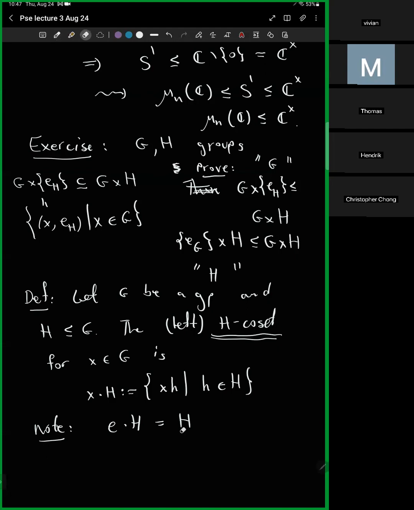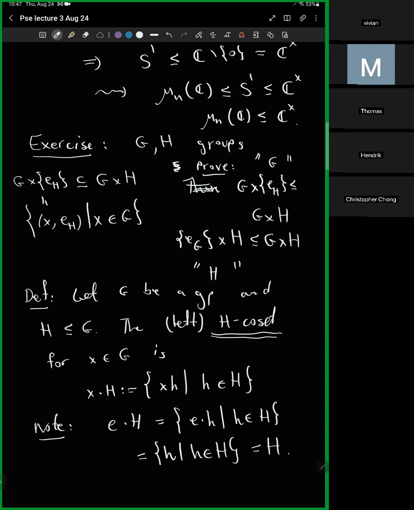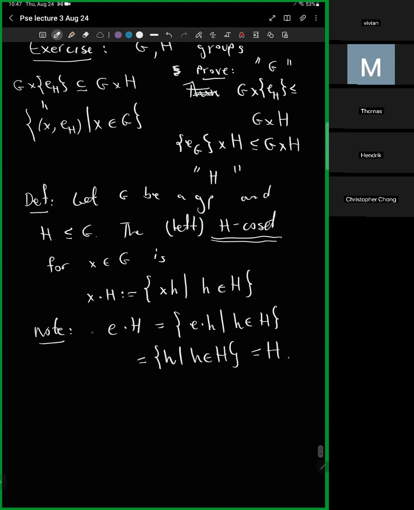It's all the products of the form e times h where h is in H, which is simply all the h such that h is in H, which is H. So that's the first thing.